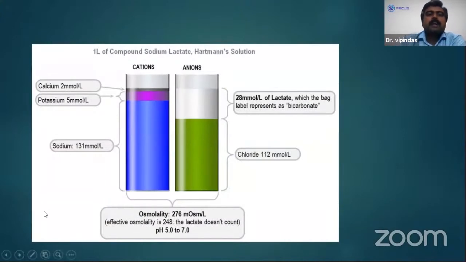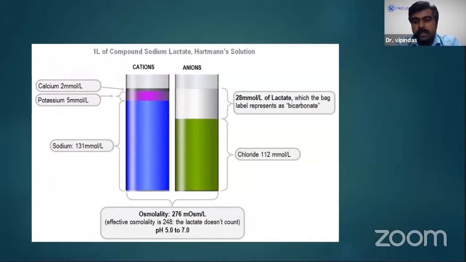So 1 liter of compound sodium lactate or Hartmann solution contains calcium, potassium, sodium, chloride, and 28 millimole per liter of lactate. Okay, and the osmolality is around 276. Even though the effective osmolality is 248, the lactate does not count.